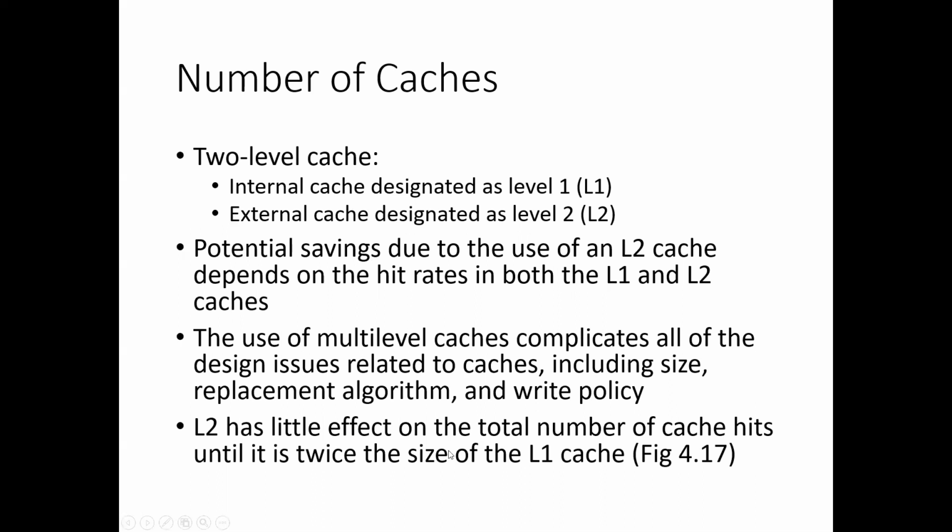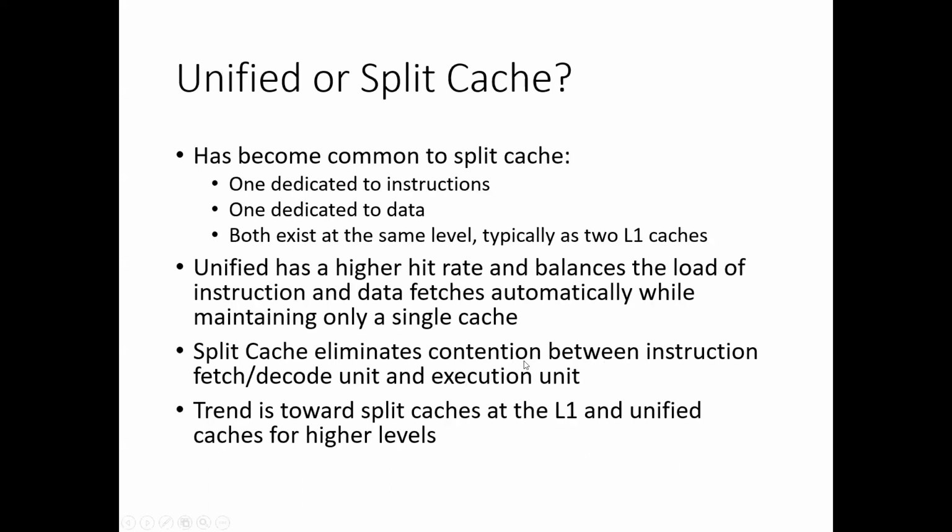And L2 has little effect on the number of cache hits until it's twice the size of the L1, so that's also a consideration in the design. And finally, unified or split cache. It's become desirable to split the cache, one dedicated to instructions and one dedicated to data. Both exist at the same level, typically as L1 caches.